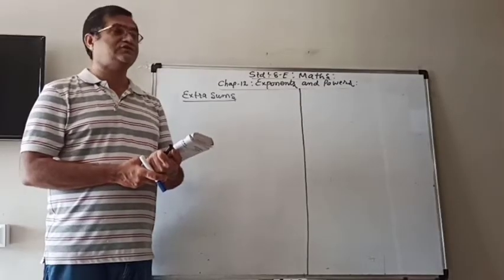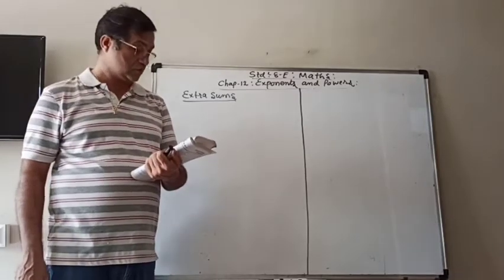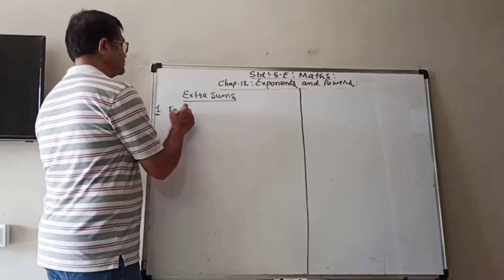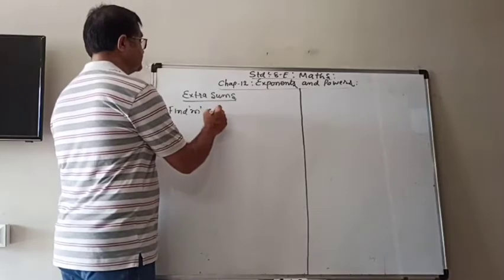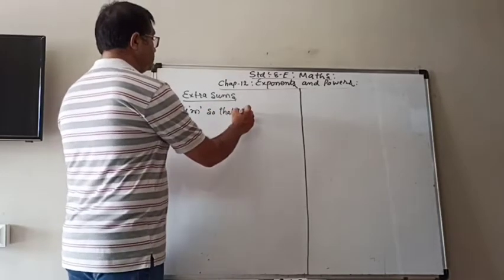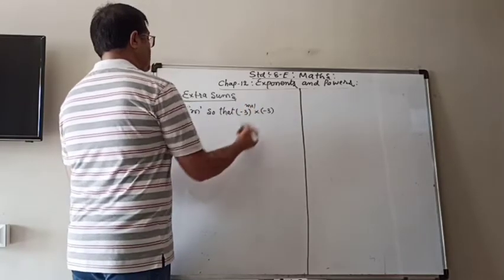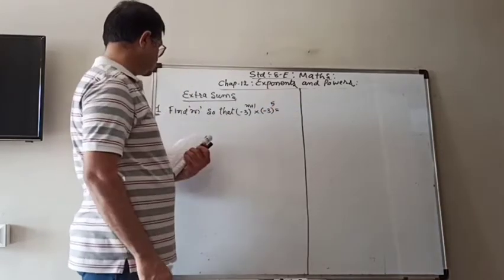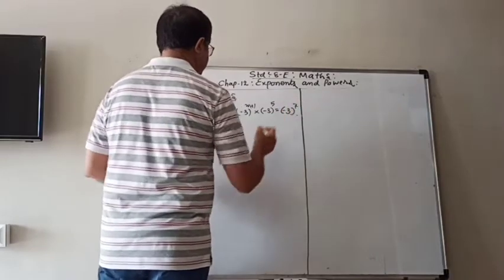Now for some practice, we can do some extra sums. First one is find m so that minus 3 power m plus 1 multiplied by minus 3 raised to power 5 is equal to minus 3 raised to power 7.